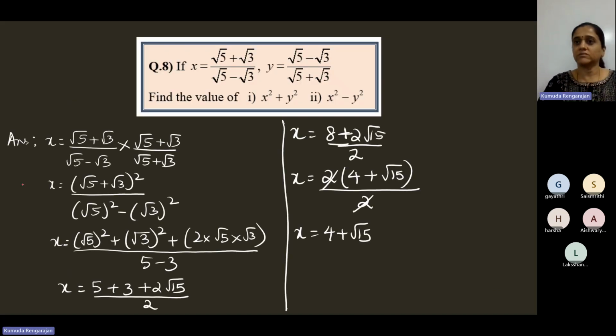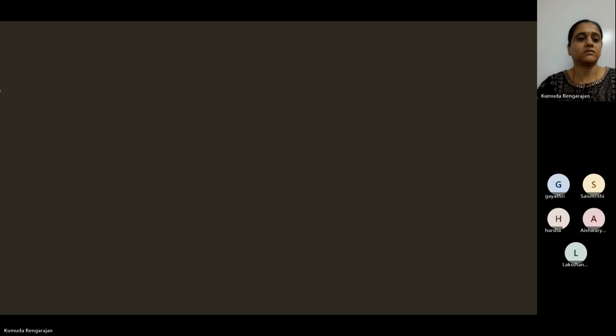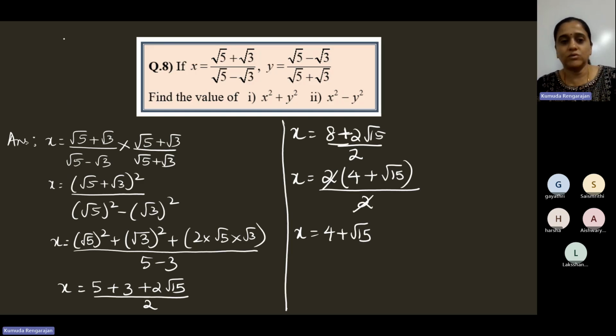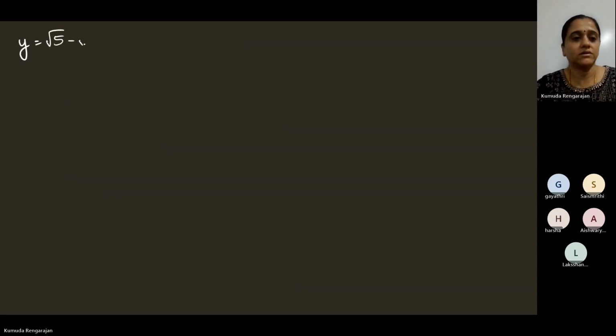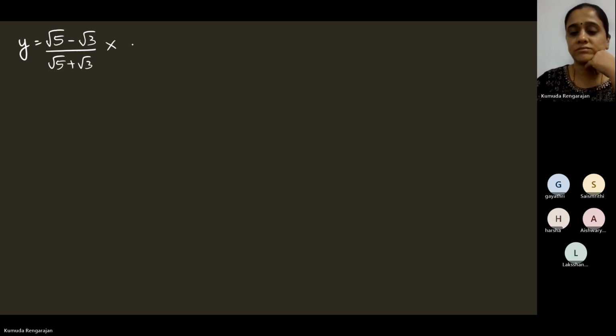Finished the previous line? Yeah, now let's take up y. Y is given as root 5 minus root 3 by root 5 plus root 3. What's the conjugate? Root 5 minus root 3.